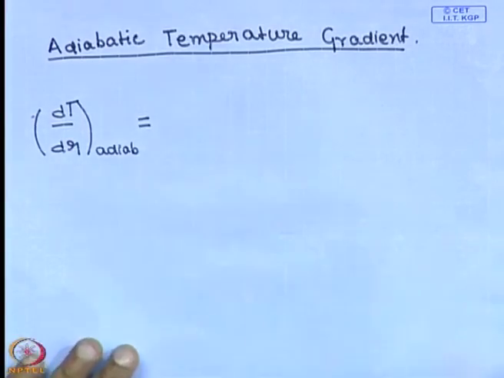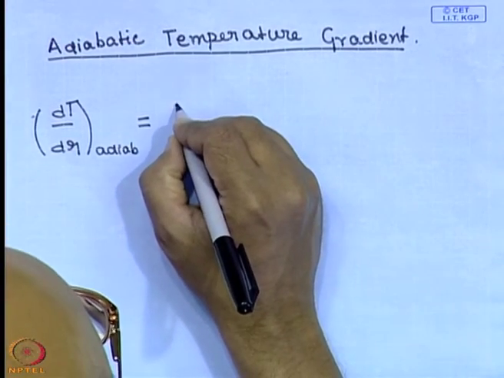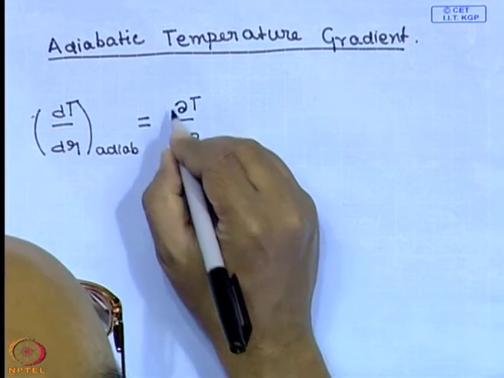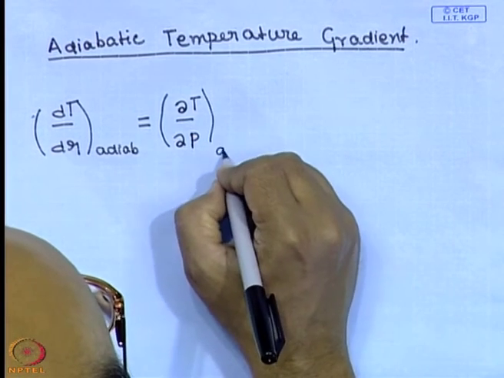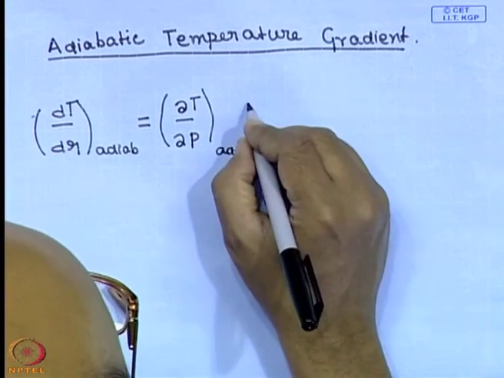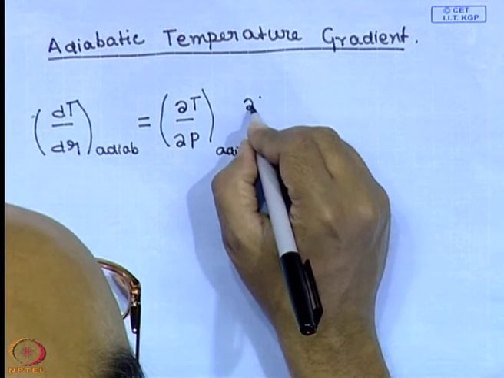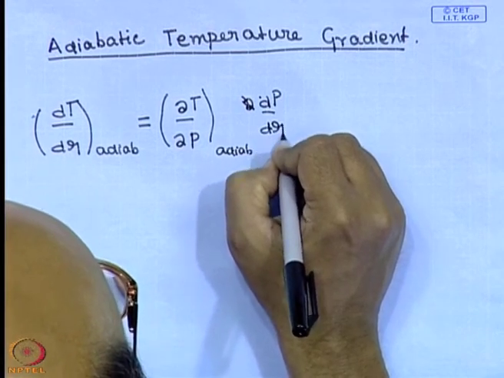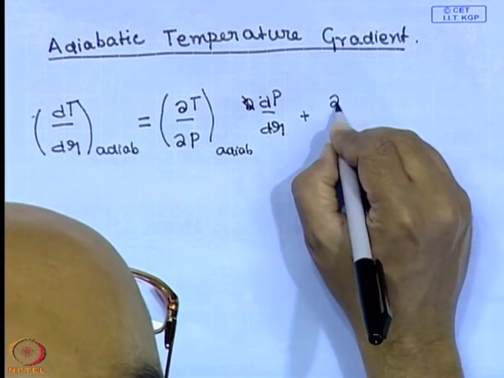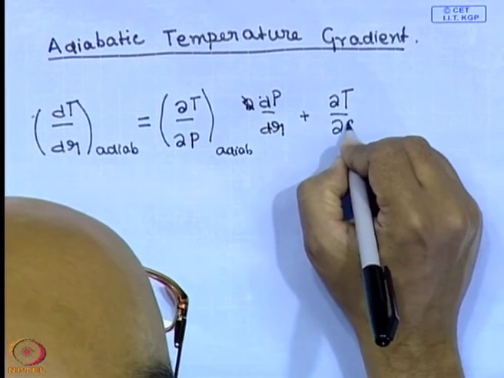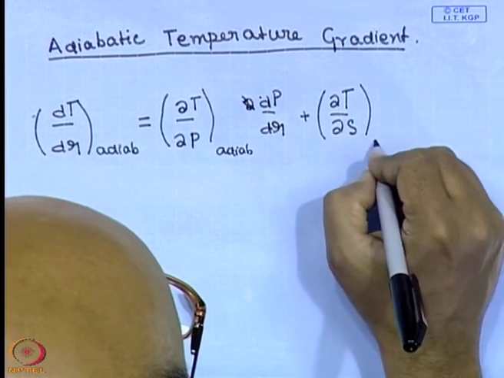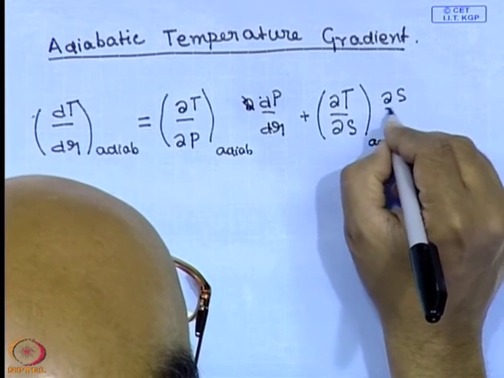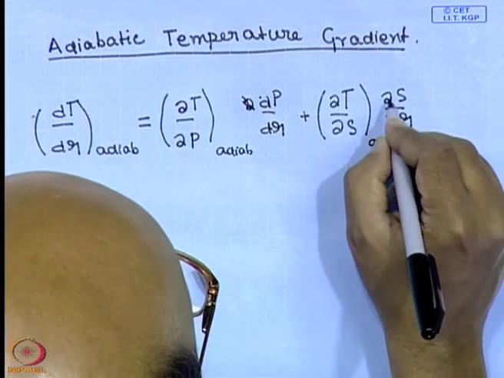Then this derivative can be written as del T del P adiabatic into dP dr, plus del T del S adiabatic into dS dr.